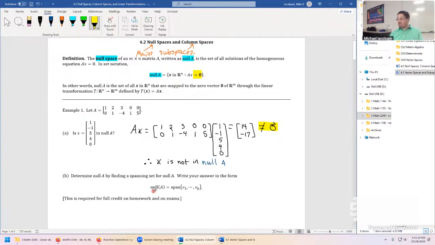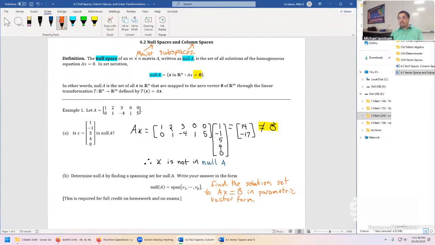We just have to compute it. But really all we're doing when we write this out is we're finding the solution set to AX equals a zero vector in parametric vector form.